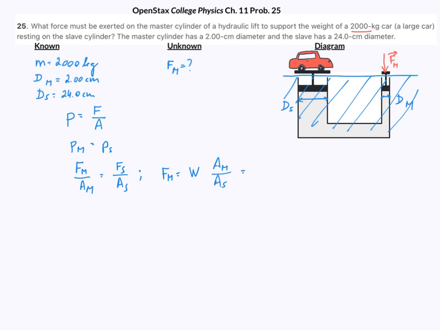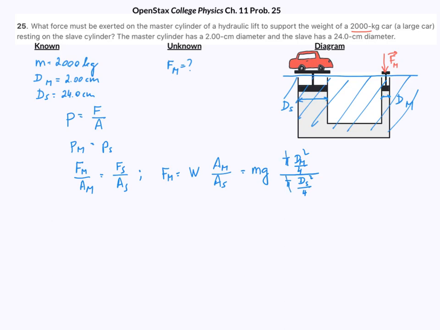And that is the weight of the car, which is mg. Area master is pi r squared, but we are given d, so that would be d master squared divided by 4, divided by pi d slave squared divided by 4.